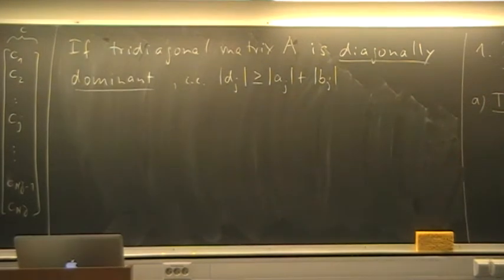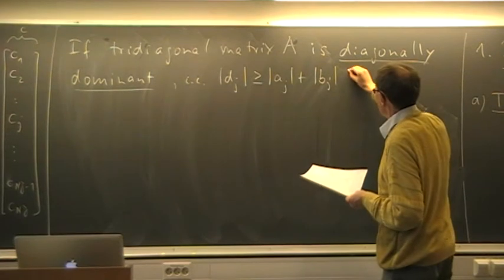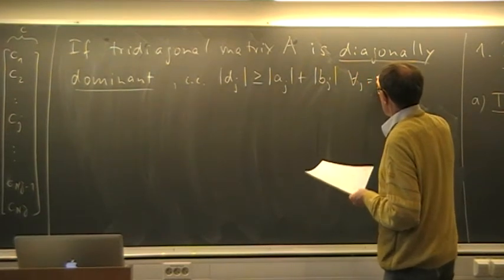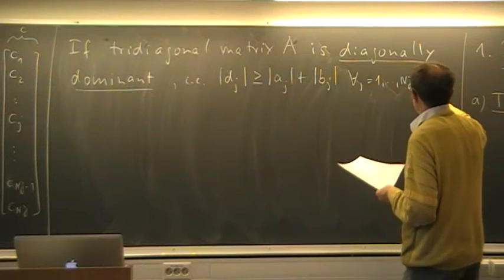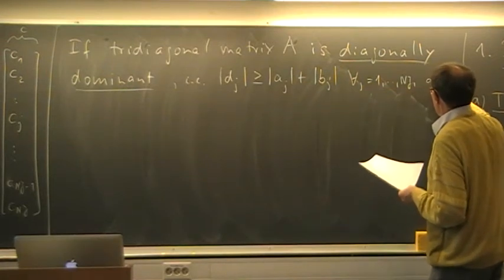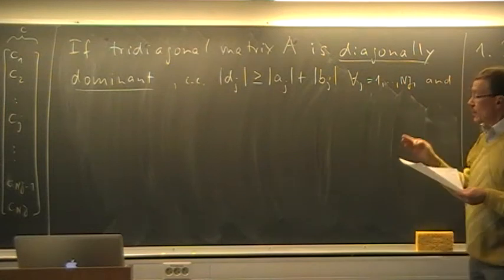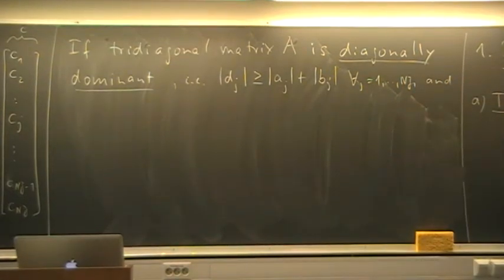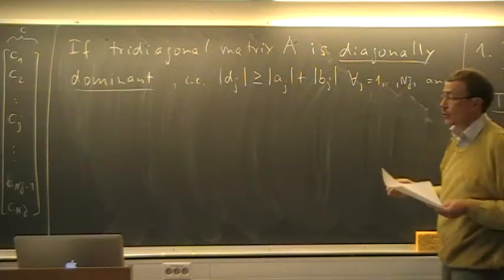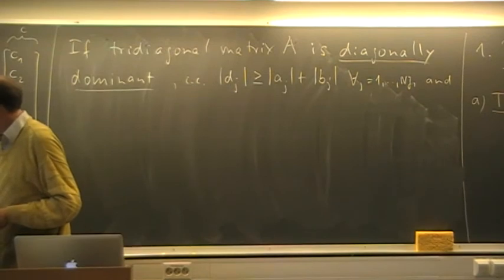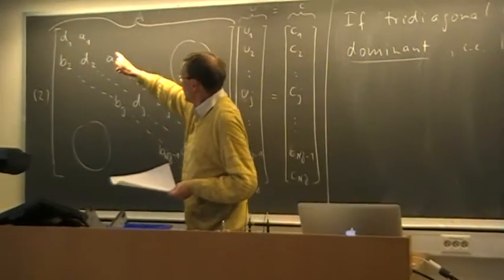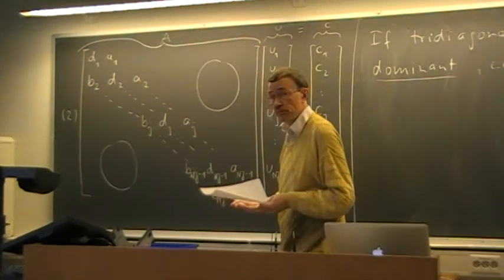That should hold for all j. In our case j is from 1 to nj, and we should have that this holds with a strict larger for at least one j. And in our case usually we have 2 of that, and in fact it is when we come into the first row and in the last row.